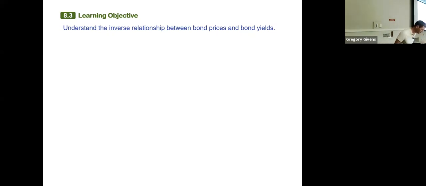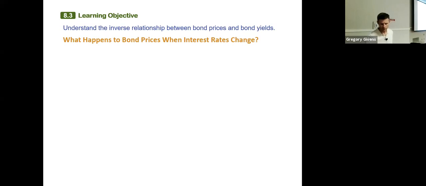Here's the question I want to start with class today. What do you suppose happens to the price of one of these bonds in a secondary market if after it is first purchased, interest rates or yields to maturity on newly issued bonds starts to change?